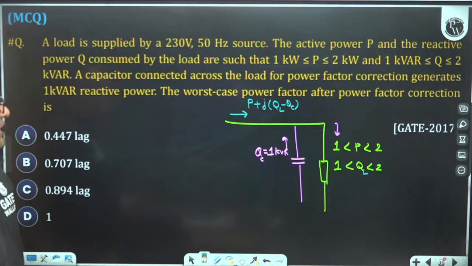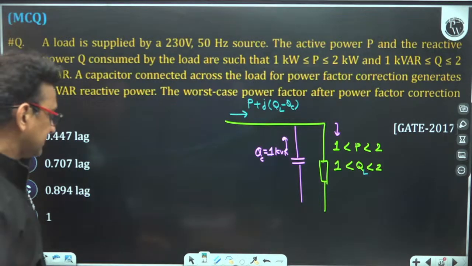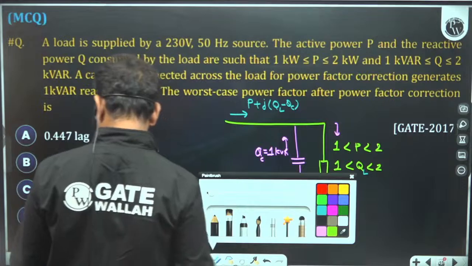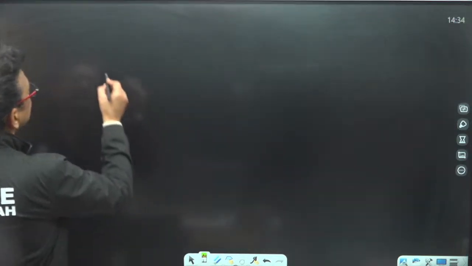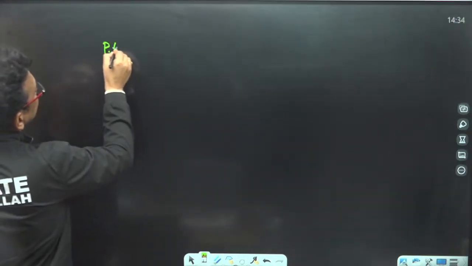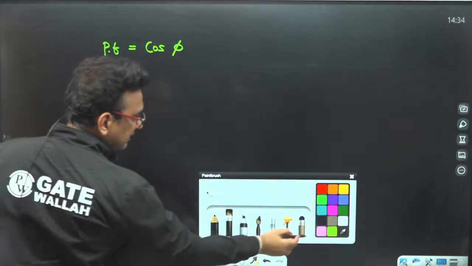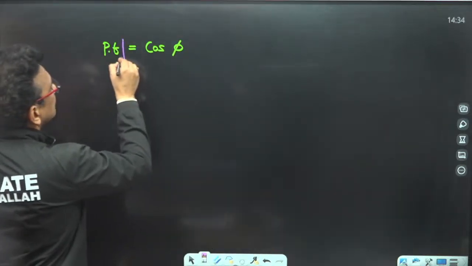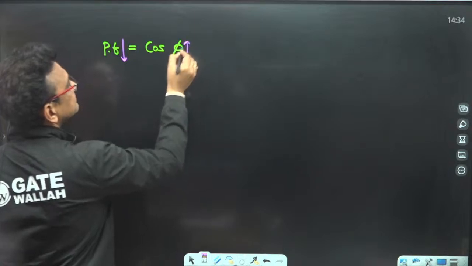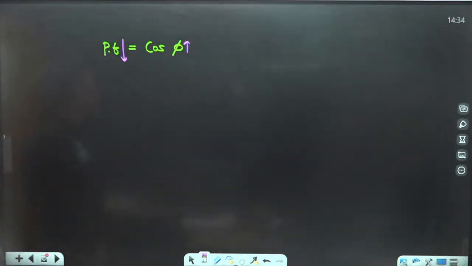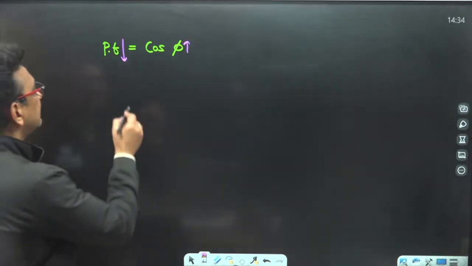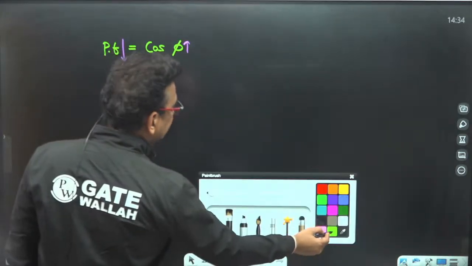Now you have to find the worst case power factor, that means the minimum value of power factor. The worst case power factor is cos phi. The minimum power factor will occur when phi is maximum, because when the angle is high, the cosine of the angle will be low. So we need the maximum value of phi.